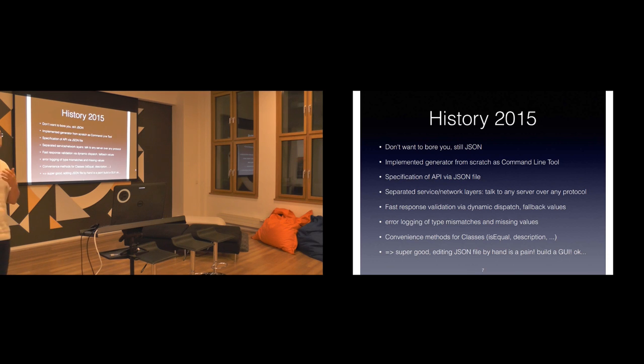They are not all in the same pattern, because in the GET request you encode the parameters in the URL, but in the POST request you encode the parameters in the body. And from the server's perspective, this doesn't really matter. You have some parameters that you want to send, and you want to receive some data structures, and if it's in the URL or in the body, in the end the service layer shouldn't care.